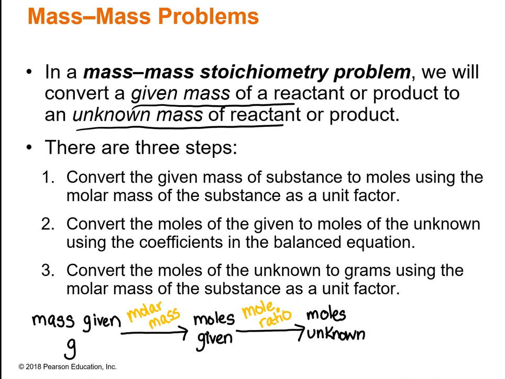So far, we've gone from the mass of our given in grams to moles of our given using the molar mass. Then we go from moles of our given to moles of our unknown using a mole ratio that we determine from the chemical equation. The final step is to go from moles of your unknown to your mass of unknown.